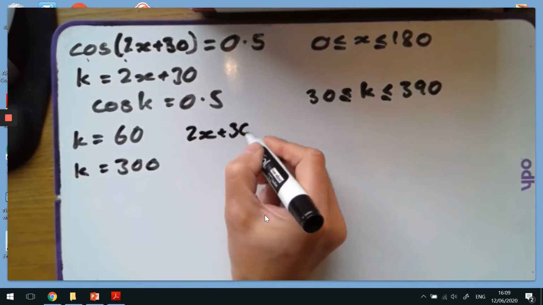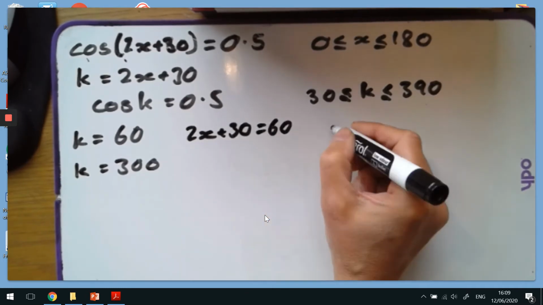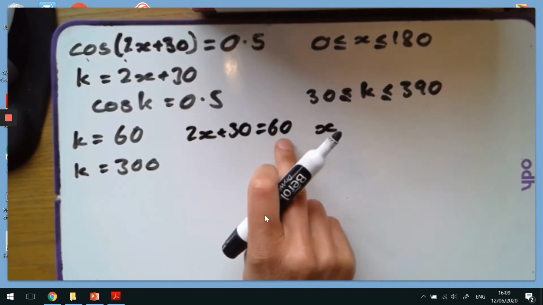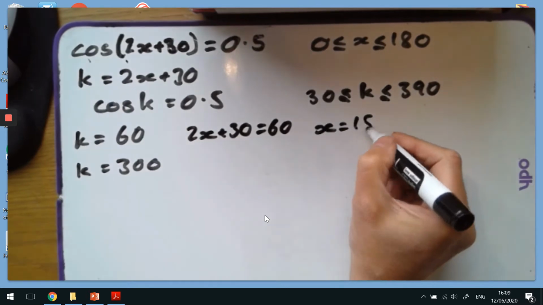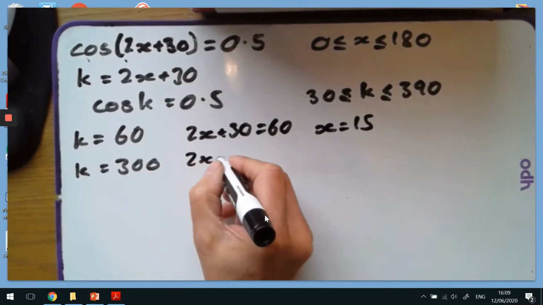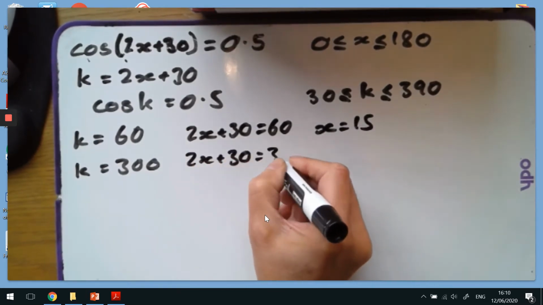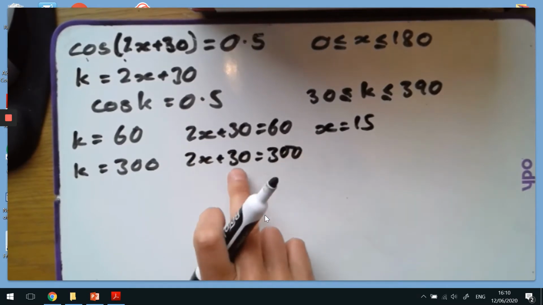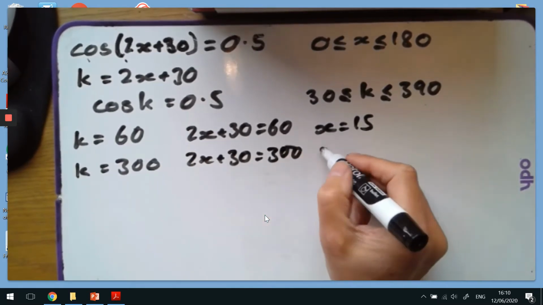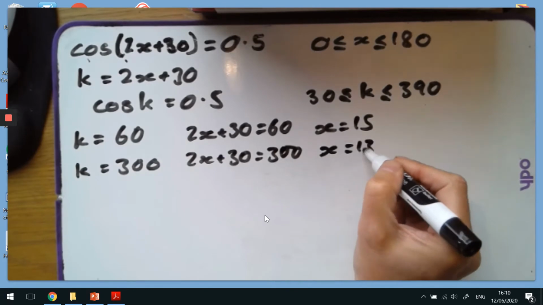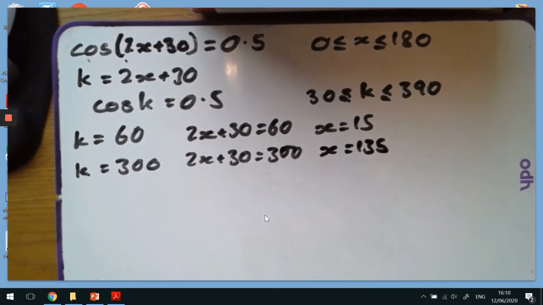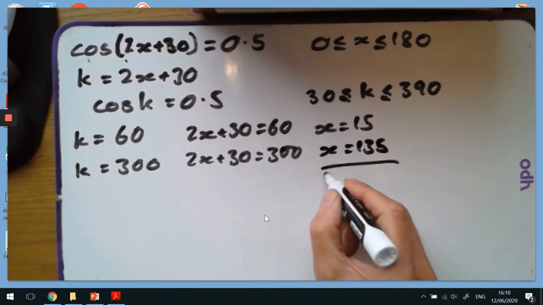So 2x plus 30 equals 60, so x is 15. 2x plus 30 equals 300, so I'm going to subtract, so that's 135. And those are the 2 solutions.